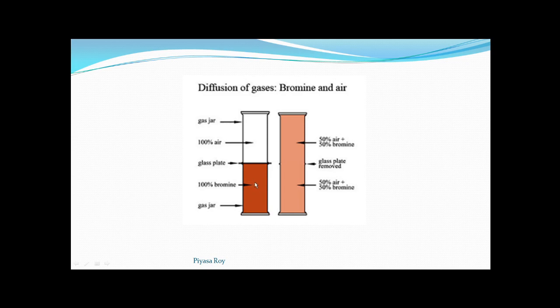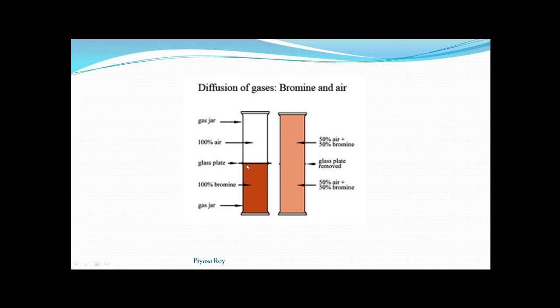Bromine gas is reddish brown. Now in between these two gas jars we have placed a glass plate.